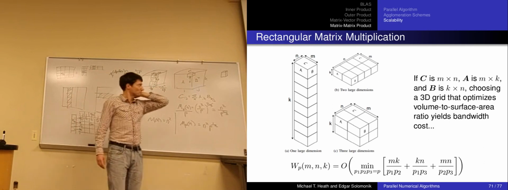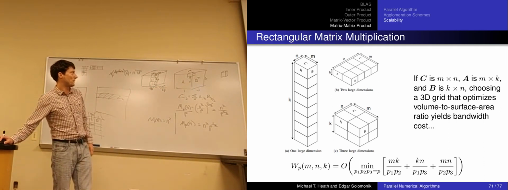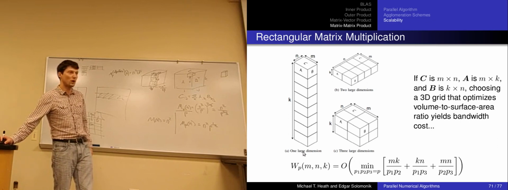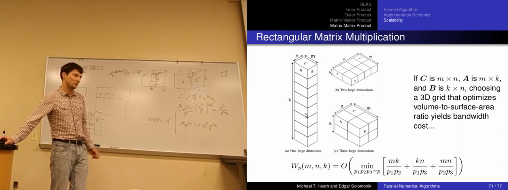And the invariant that we generally want to satisfy is that our partitioning yields blocks that are as cubic as possible. So if we have some long pencil, what type of computation is this like? It's inner product like.